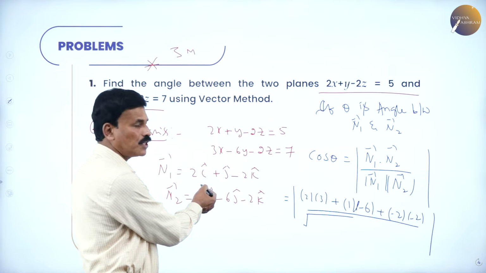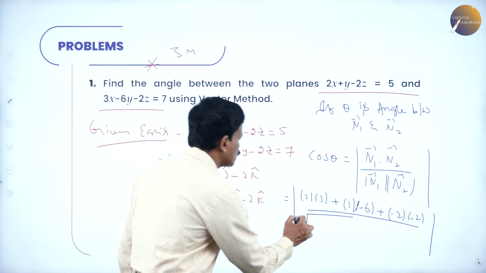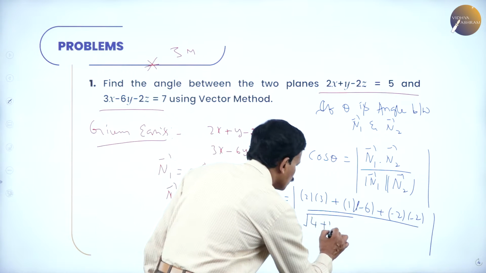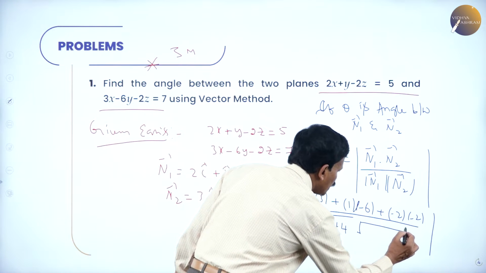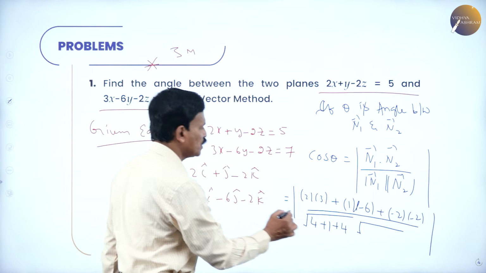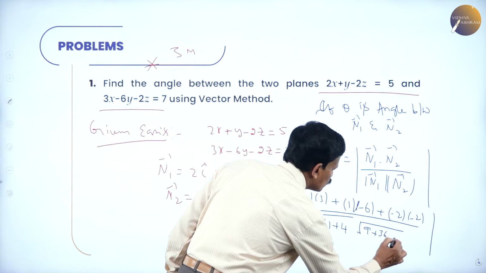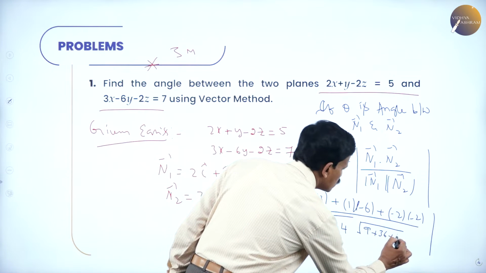The length of n1 is the root of this: 2 square is 4, plus 1 square is 1, plus 2 square is 4, into the root of 3 square is 9, plus 6 square is 36, plus 2 square is 4.